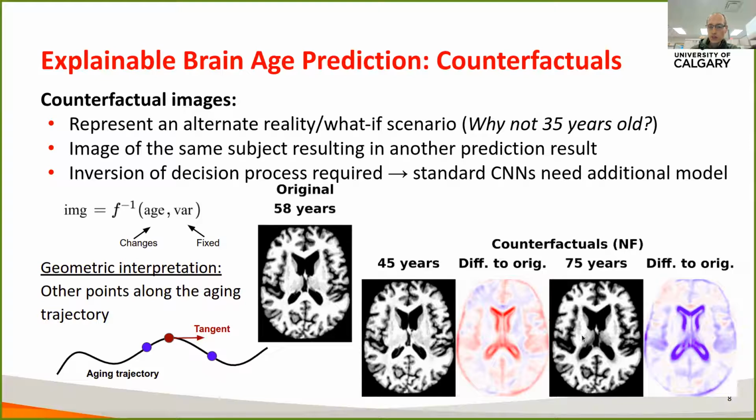And we did it here, and you can see for a younger version, it would have, for example, expected to see smaller ventricles, which is what we already saw in the attribution maps, that the network is focusing on that part. And you can see for a 75-year-old subject, instead of 58 years as in the original image, it would have expected, for example, to see larger ventricles here.